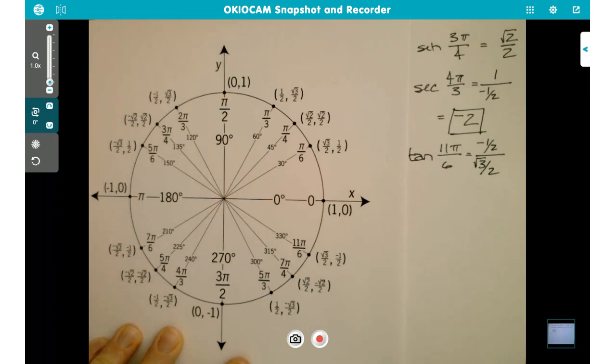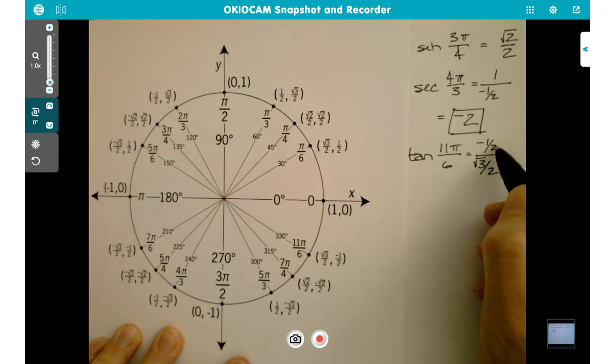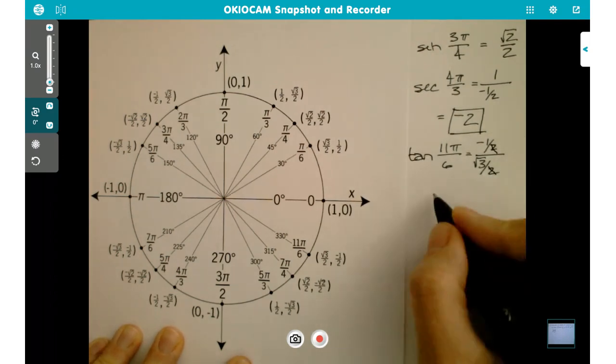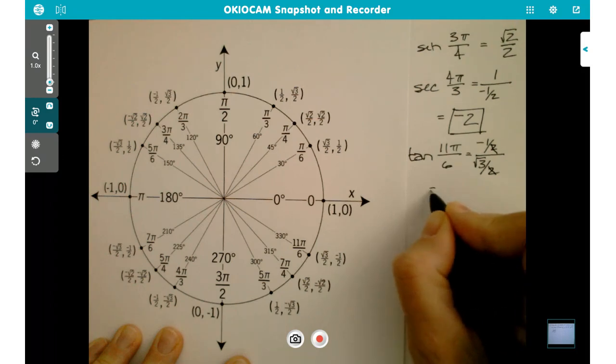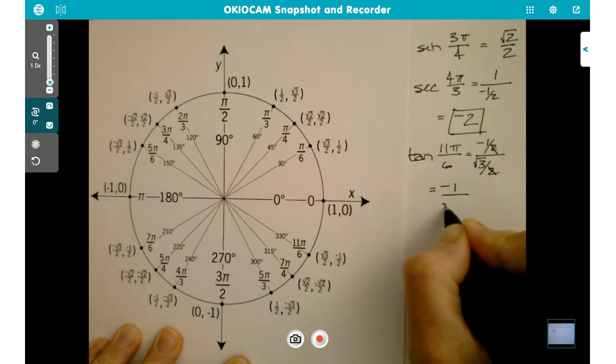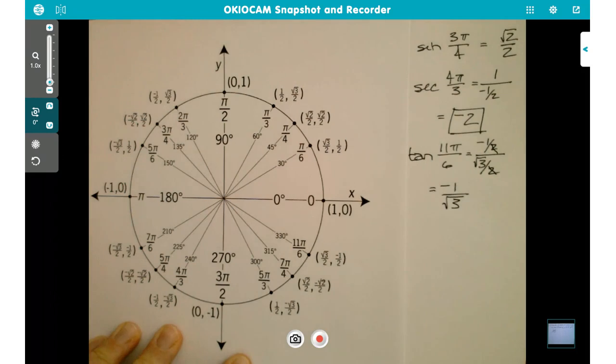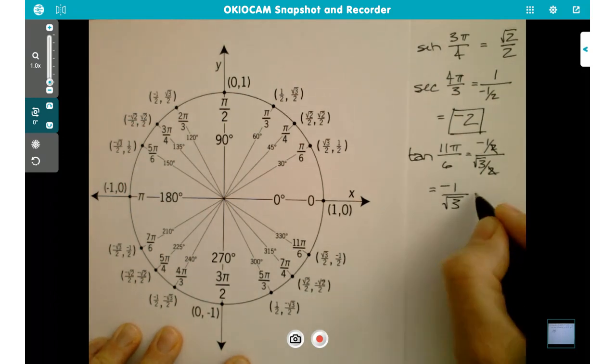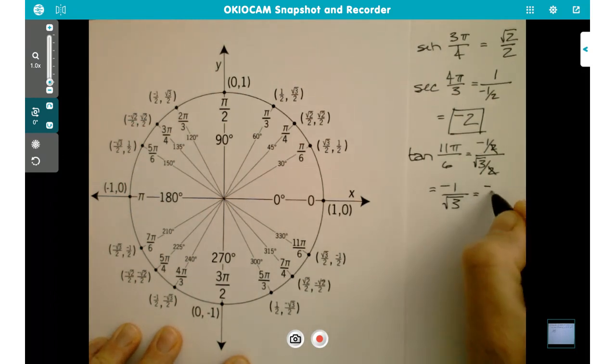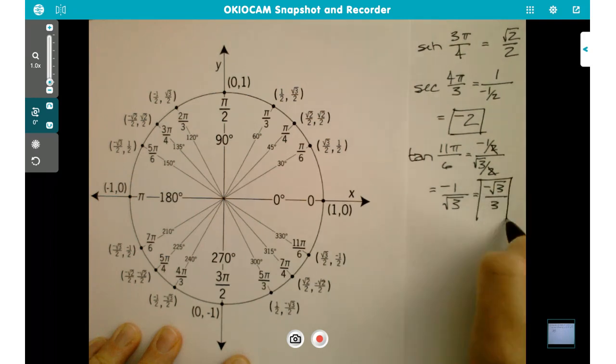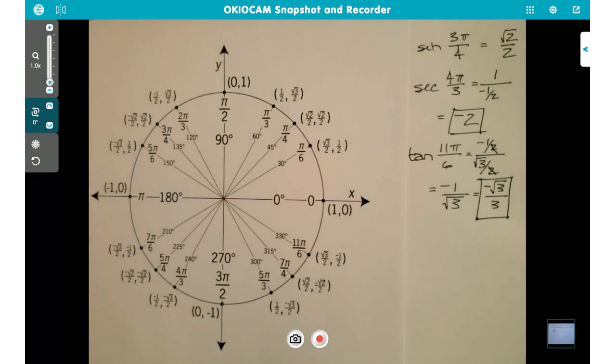We can actually immediately say, okay, I got a 1/2 on the top, I got a 1/2 on the bottom. We don't need those. Really, I just need the numerators. Negative 1 over root 3, but we do rationalize these for the special angles. So that's negative root 3 over 3, the tangent of 11 pi over 6.